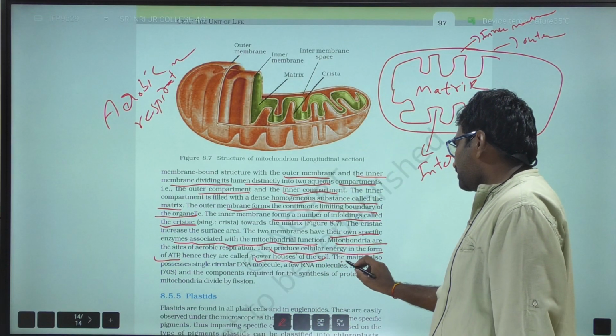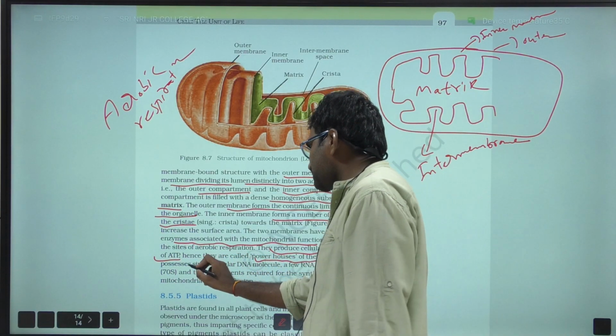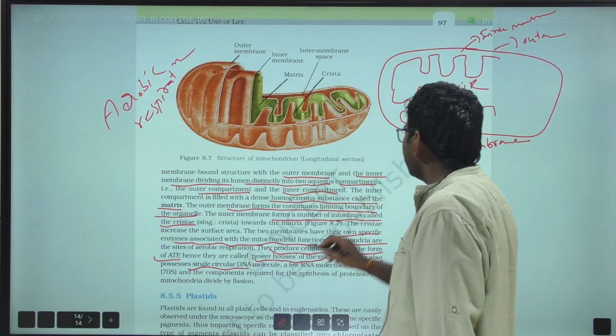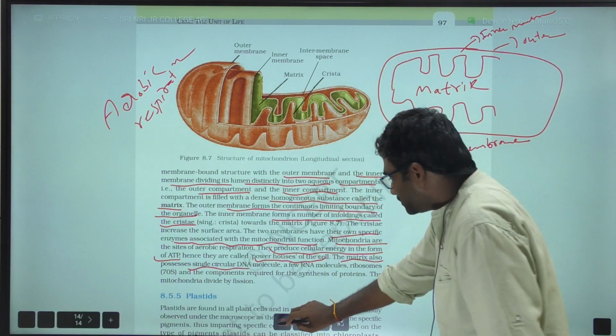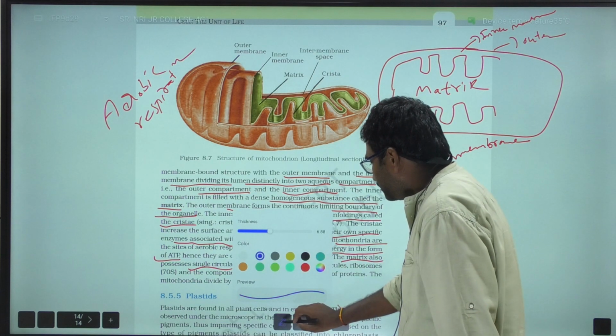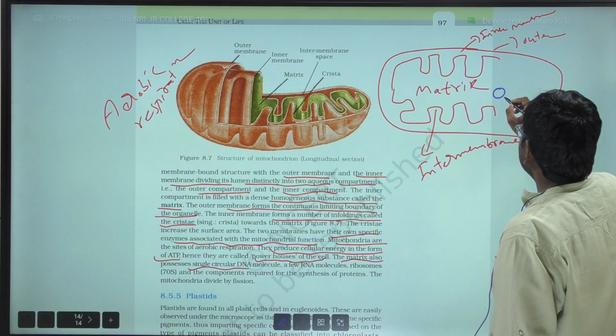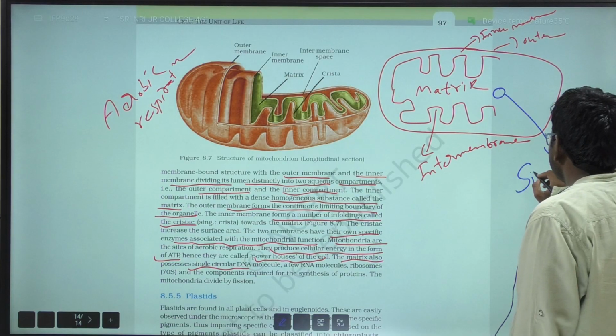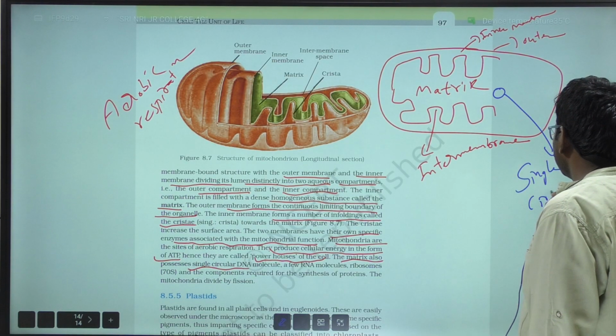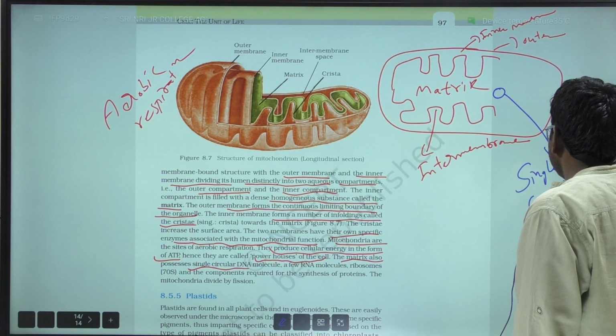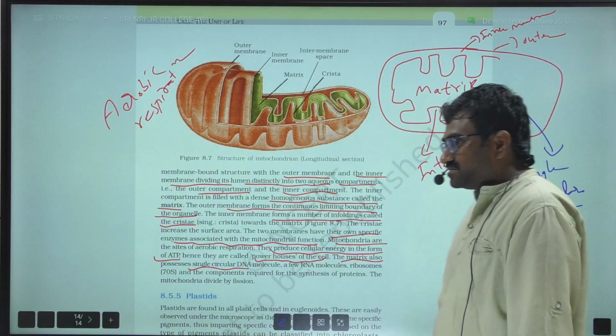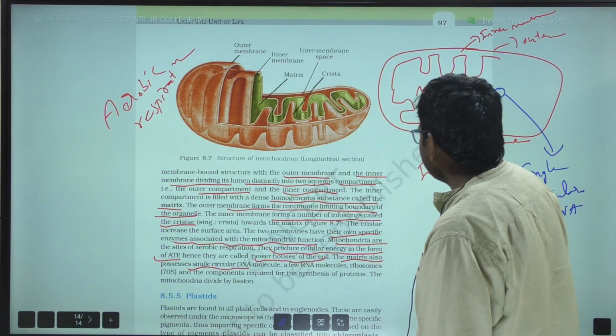The matrix also possesses single circular DNA, very important, whereas chloroplast contains double circular DNA.